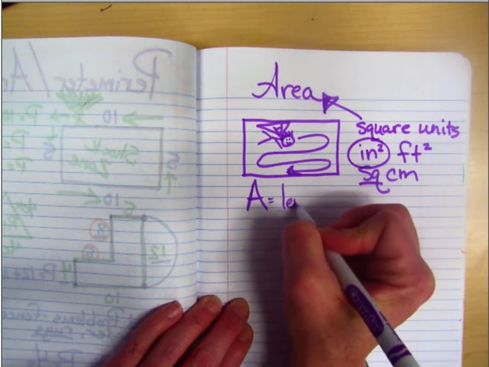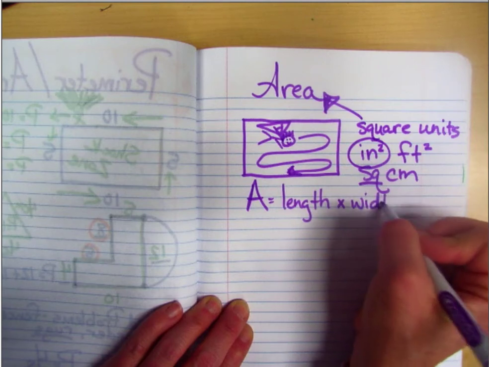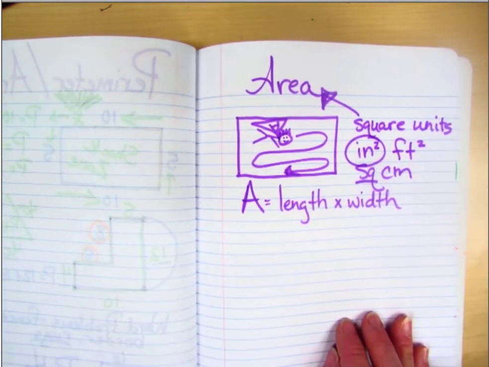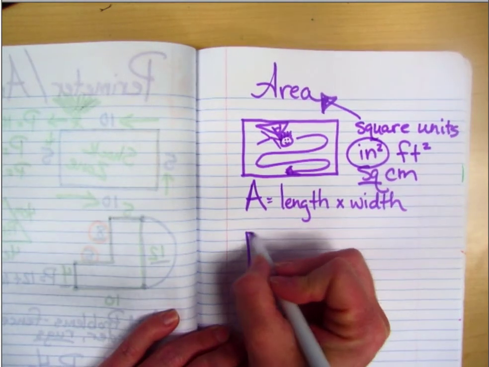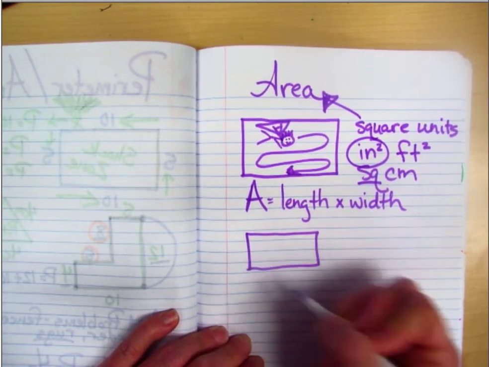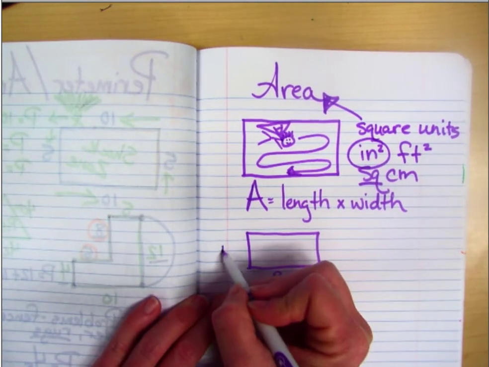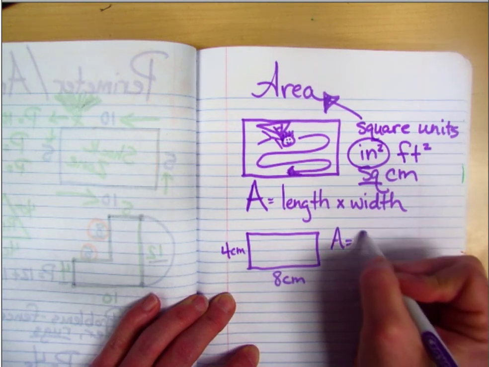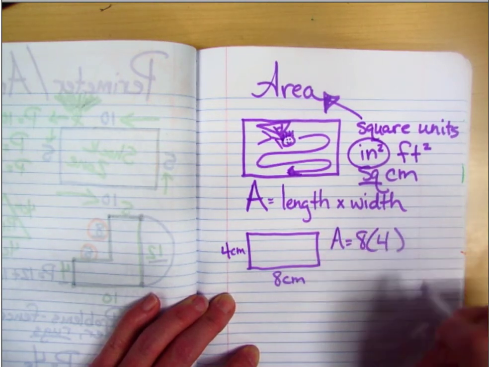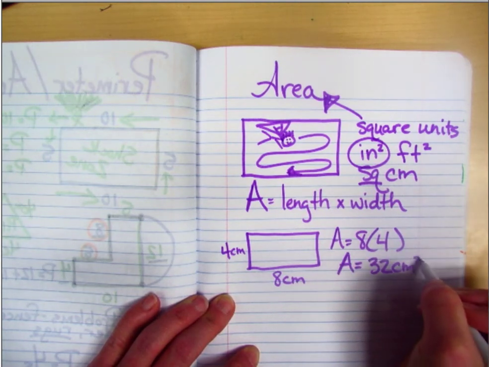Area is length times width. That's it. So when you're looking at problems, for example, a rectangle that is 8 centimeters by 4 centimeters, you're just doing 8 times 4, and your answer needs to be written 32 centimeters square.